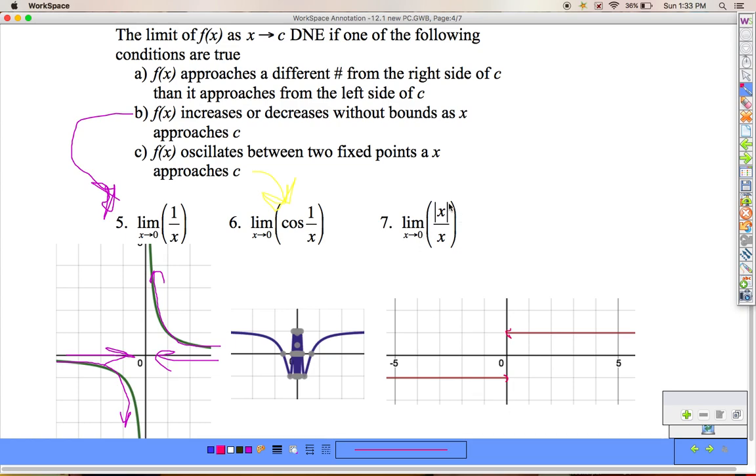So the limit of absolute value of x over x as x approaches 0. As I go from both sides, are they going towards a single point? I would say no. From the left side, it's approaching -1, and the right side is approaching +1. So we're going to say that f of x approaches two different numbers from the left and right side as x approaches c. It's going two different places, so it doesn't have a limit.